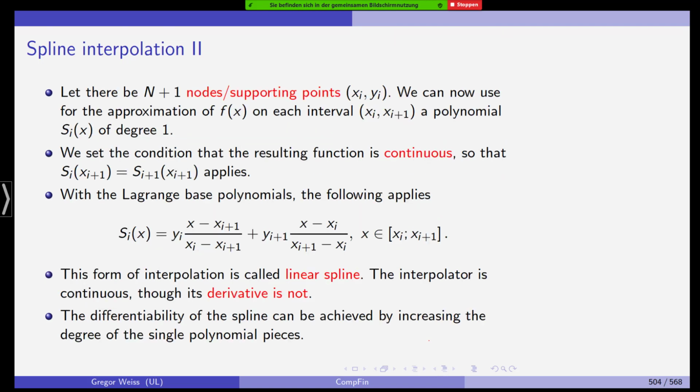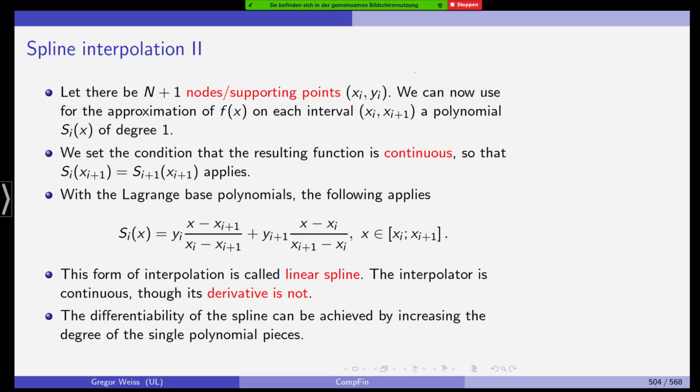So we'll start again with n+1 nodes and supporting points, xi, yi. We have n+1 of these, and we can now use, for the approximation of the function f, on each interval between two nodes, xi and xi+1, a polynomial piece si of x of degree 1.